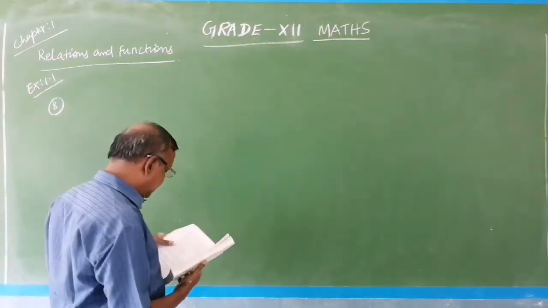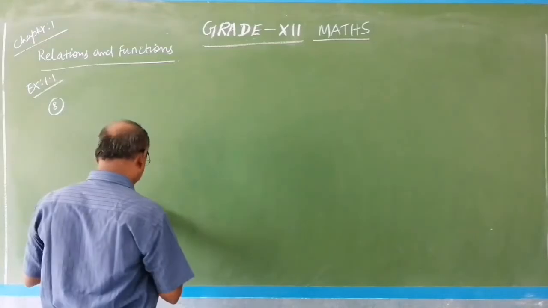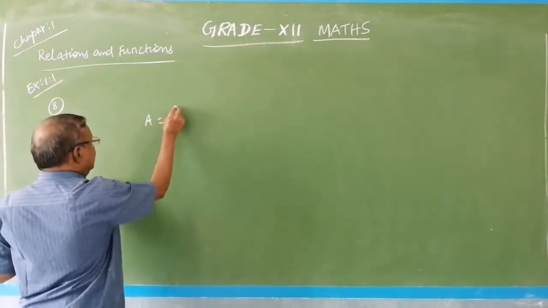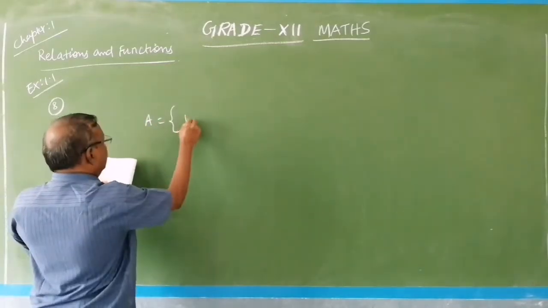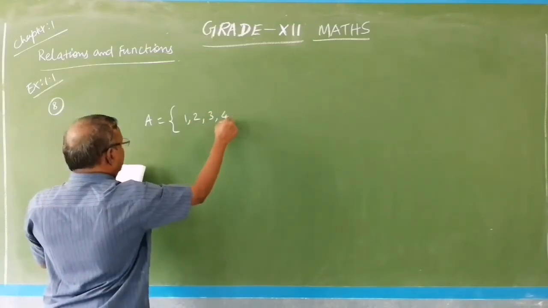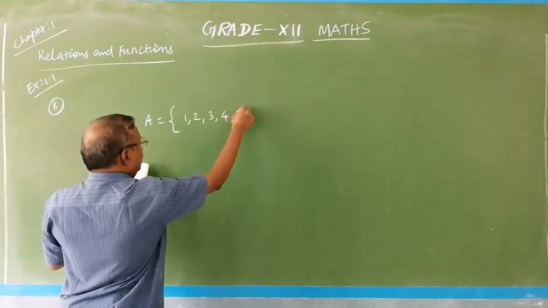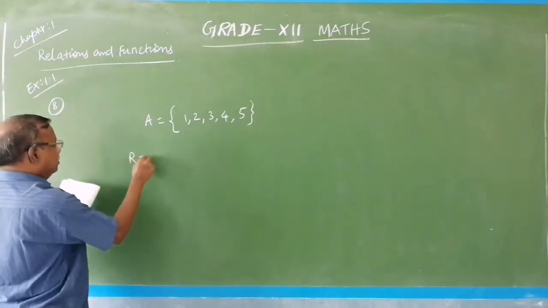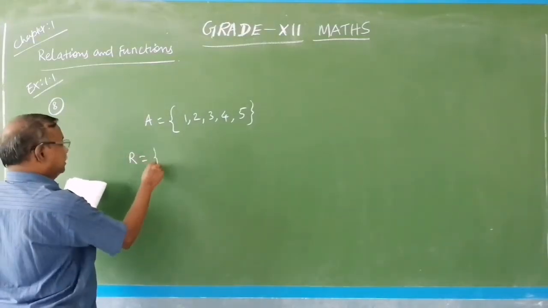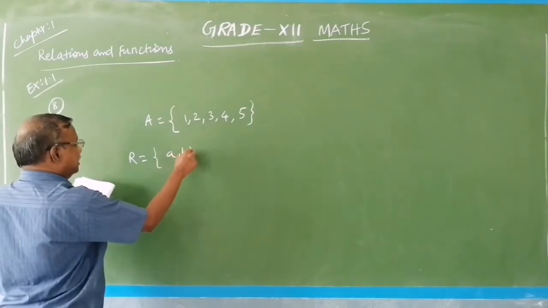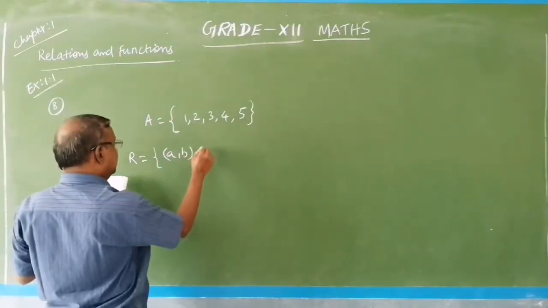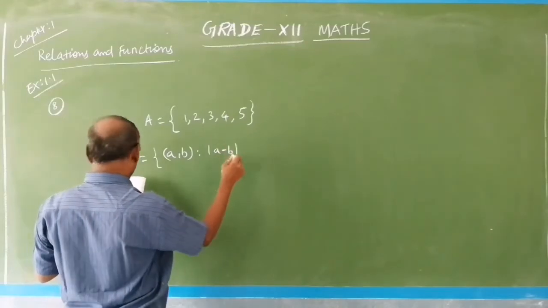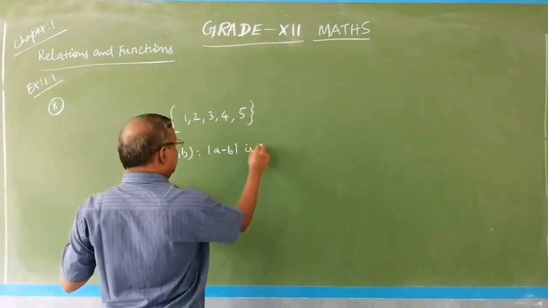We are given a set A, so A equals {1, 2, 3, 4, 5}, and R is a relation defined by the elements (a, b) such that modulus of a minus b is even.